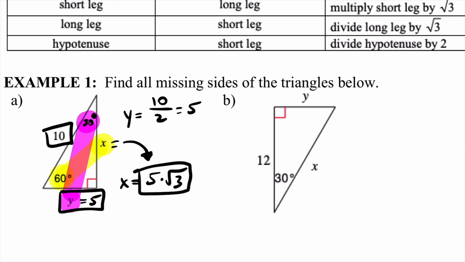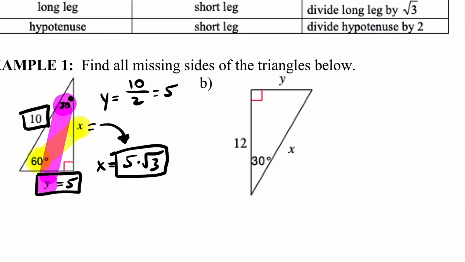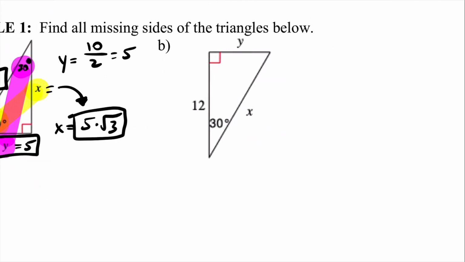All right, let's look at 1b. Right triangle, yes. 30, 60, 90 right triangle, yes. Because one's 30, the other has to be 60 to make up 180. Okay, so they give us 12. Is 12 a short leg, long leg, or hypotenuse?